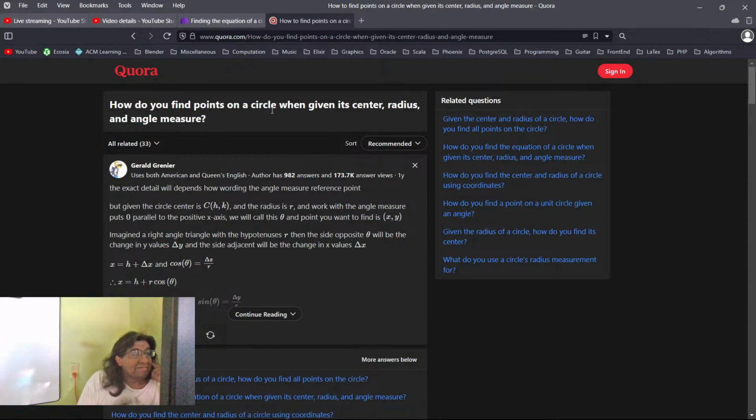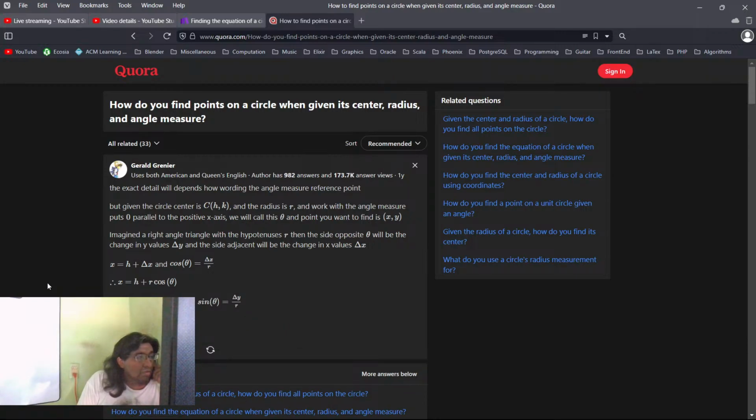How do you find points on a circle given its center, radius, and angle measure? The exact detail will depend on the angle measure reference point. But given the circle center is C, whose radius is R, and the angle is theta, the point you want to find is XY.